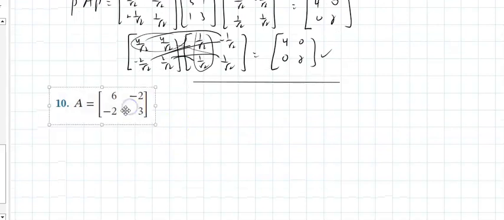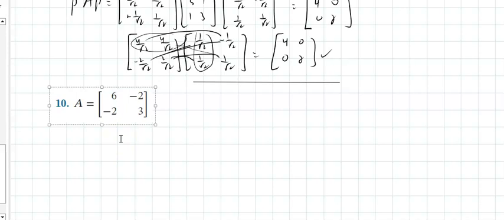Now we have one more to go. We want to do the same thing on that. Now, of course, this will become very interesting when the eigenvalues are complex, but we don't do complex in this class. So again, we're going to take the determinant of lambda I minus A, set it equal to 0.